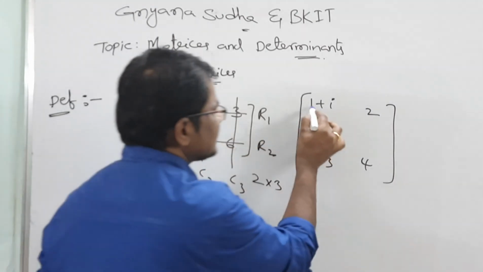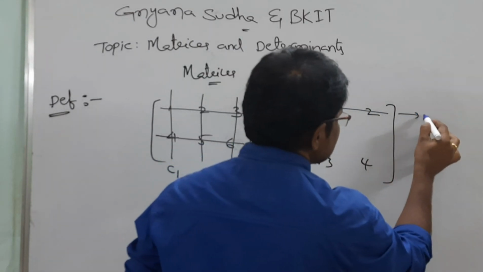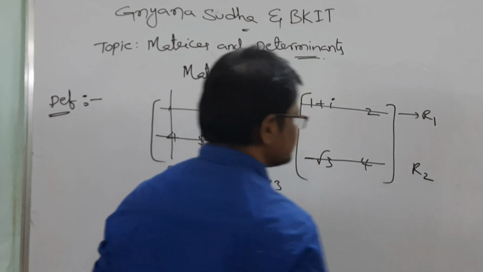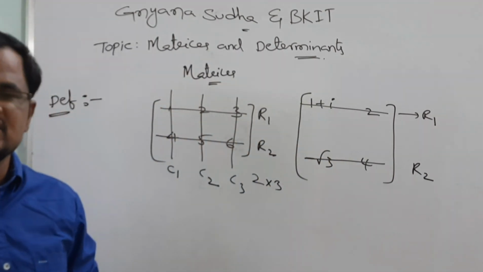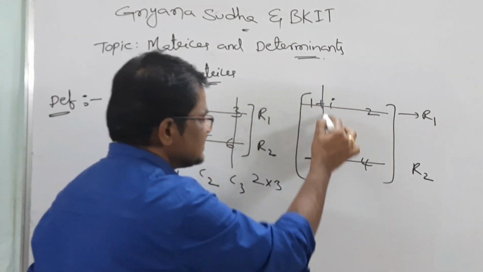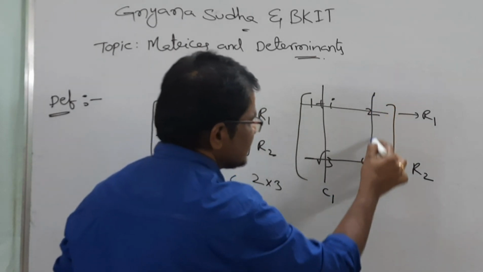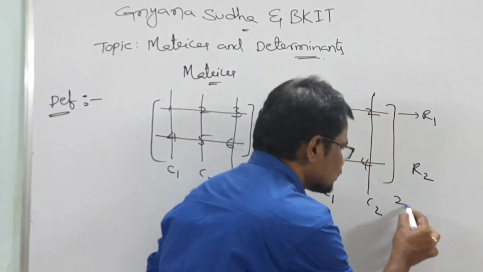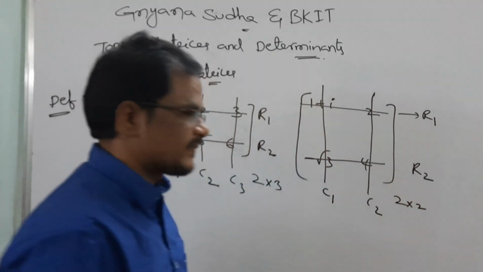And here this is R1 and this is R2, and this is C1 and this is C2. So this matrix contains two rows, two columns, right?